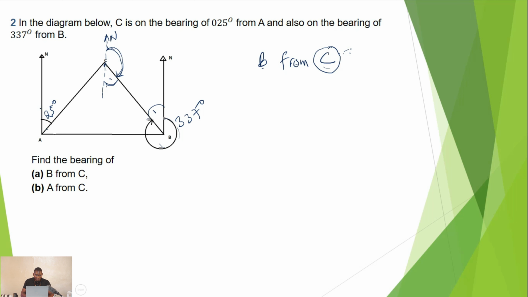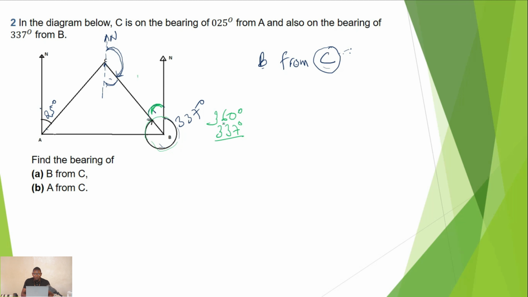So our aim is to find now this angle. So how can we find this angle? We understand that the complete turn has to be 360. So we have 360 for this complete turn here. So now we just want to subtract 337 degrees so that we can find the angle here.